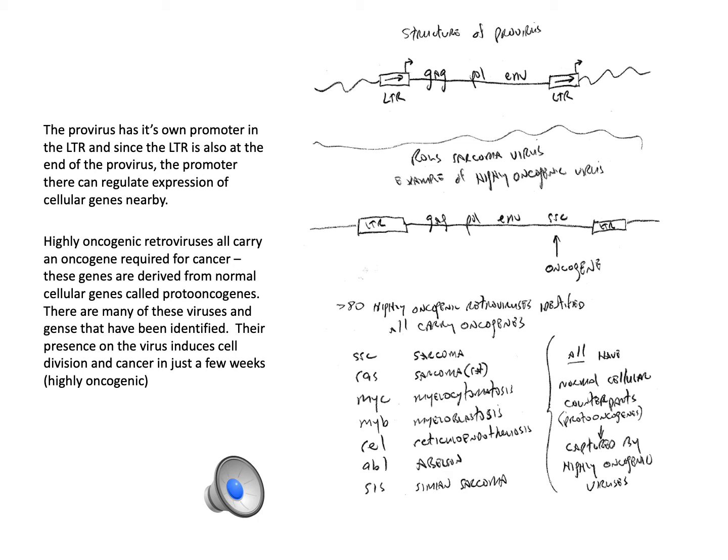And that gave the virus a selective advantage to replicate because it would induce somehow the cells to divide to make more virus. So the virus looks like it's using those genes that allow it to replicate better. So these are the oncogenes derived from normal cellular counterparts, which are called proto-oncogenes.